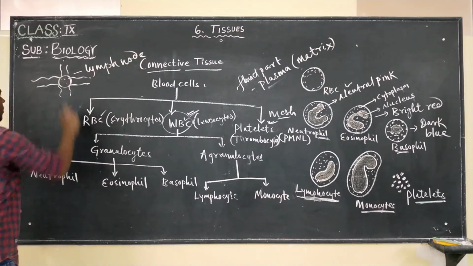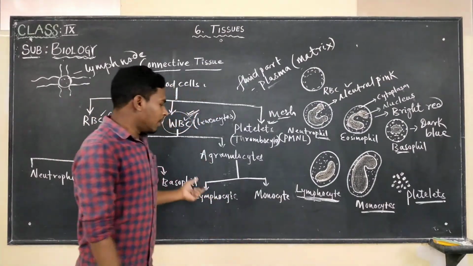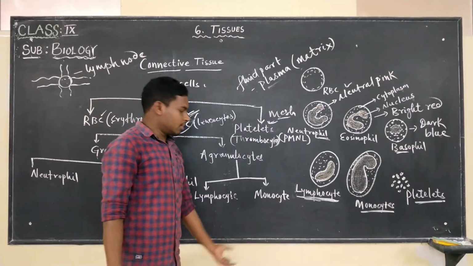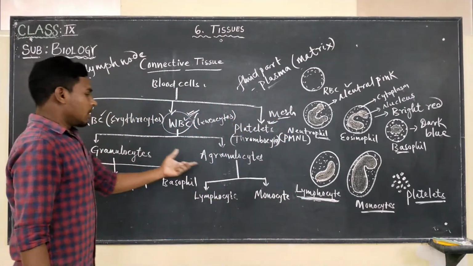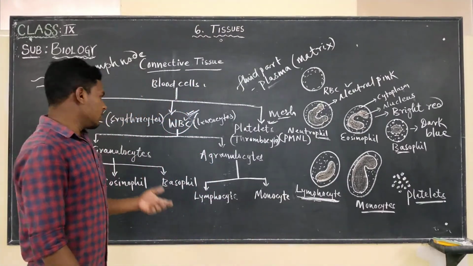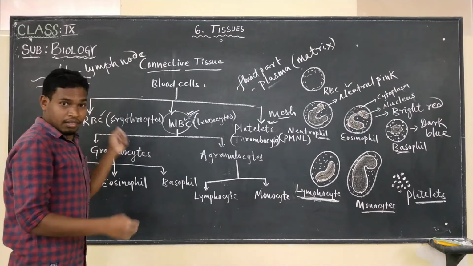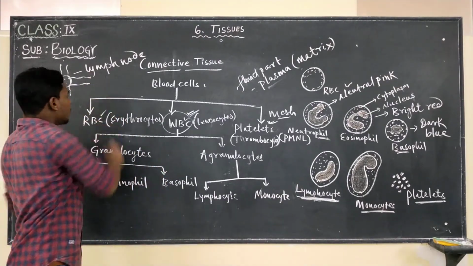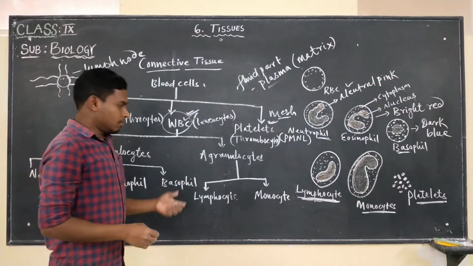This lymph is a colorless fluid, and mainly it has WBC cells known as lymphocytes, and it kills the germs that are infecting us.